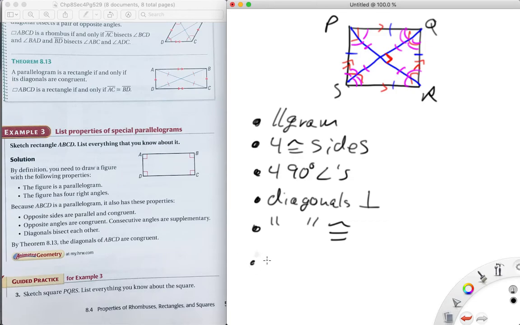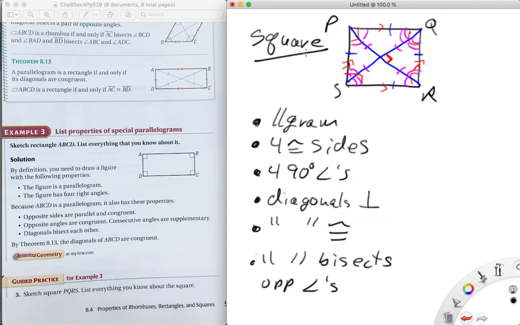And diagonals bisect opposite angles. Okay, they share both the characteristics of a rectangle and the characteristics of a rhombus.